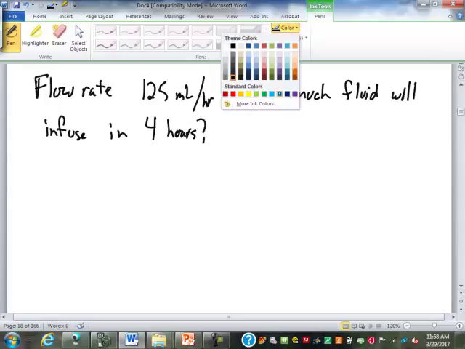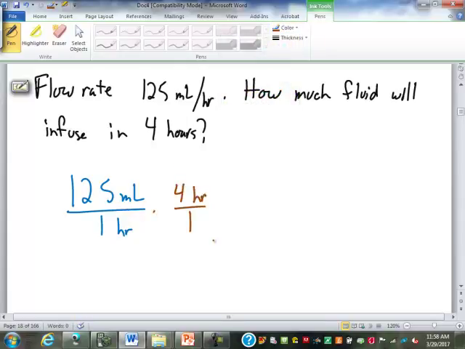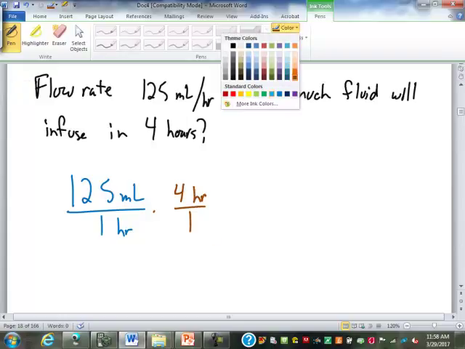Well, this is actually a relatively simple calculation because we're looking at the 125 milliliters per hour here. If I look at 125 milliliters over 1 hour, to get rid of hours, I can just multiply by my 4 hours worth of time here. Make that a fraction by putting it over 1.